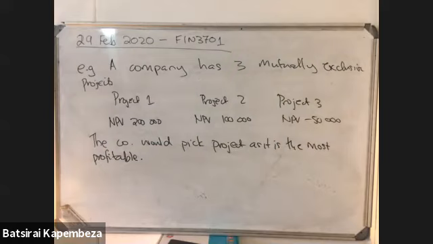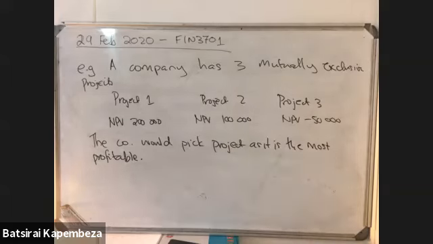Okay. Whereas if these projects were independent, the company would be able to pick both projects, 1 and 2. Because with independent projects, you're allowed to pick more than one as long as the projects are profitable. So make sure you understand the distinction between independent projects and mutually exclusive projects. Okay.